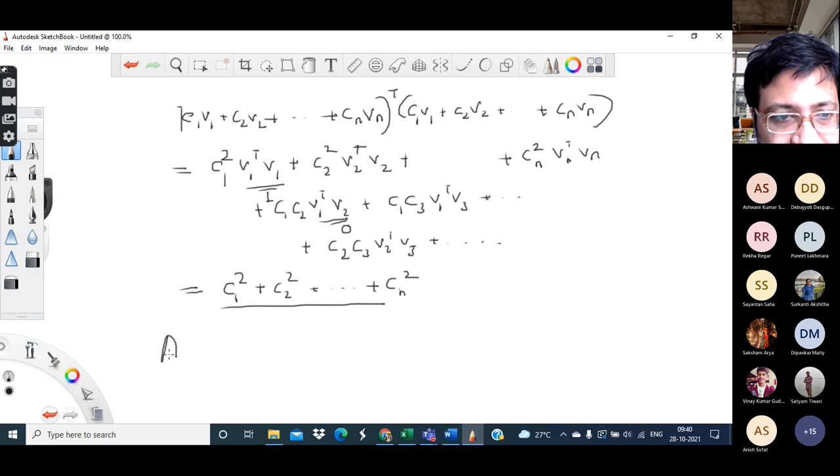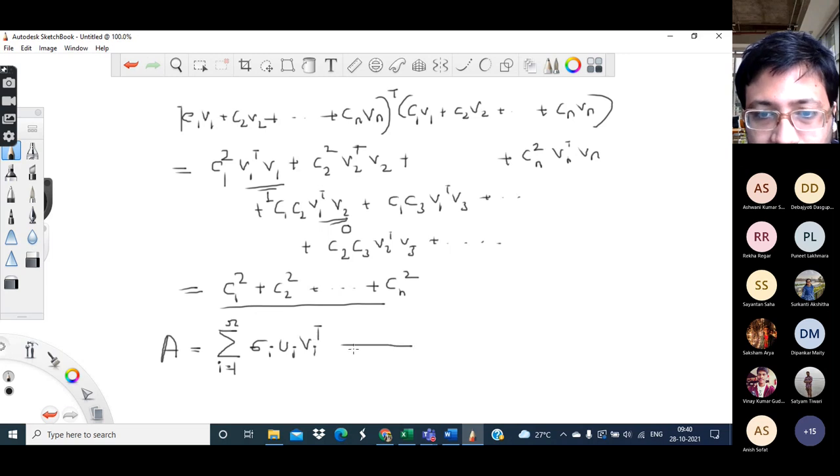In other words, suppose the matrix A has rank r, then it can be written in the following way: summation i equal to 1 through r, sigma i u_i v_i transpose.